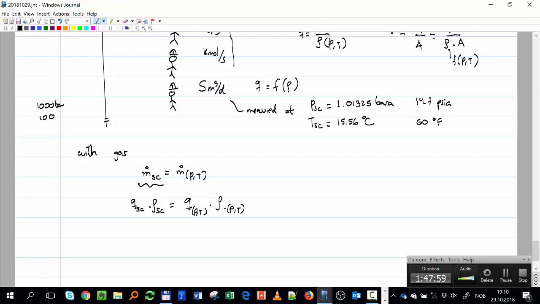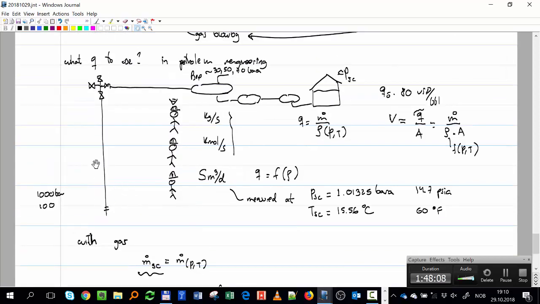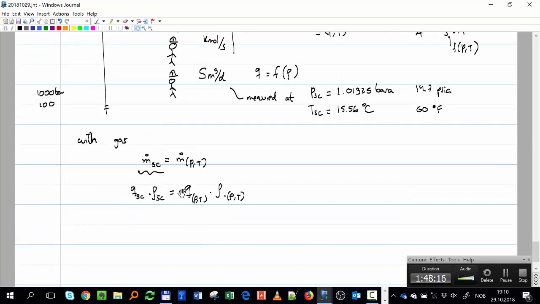That rate is the one that I measure at the surface. That density is the one that I measure at the surface. And this is the Q and the density along any place in my well. Okay, from the formation, even in the reservoir, all the way here, that's my Q.